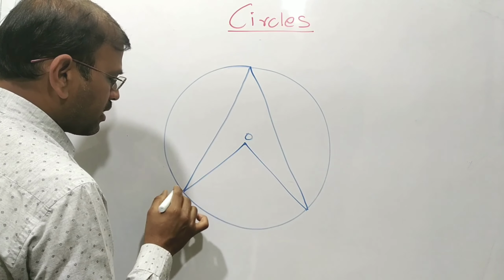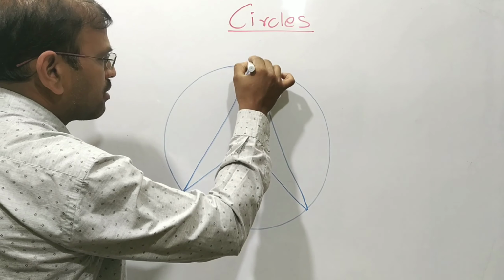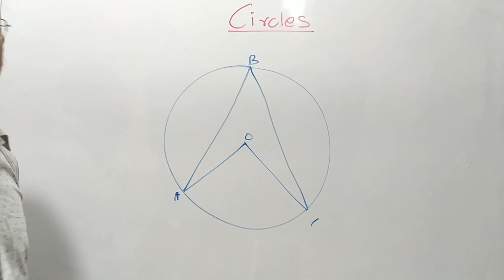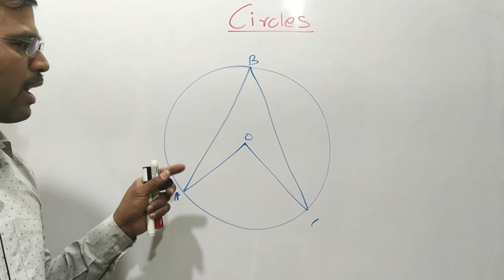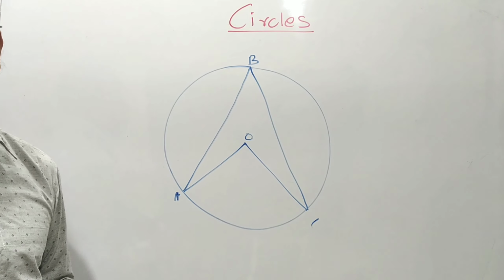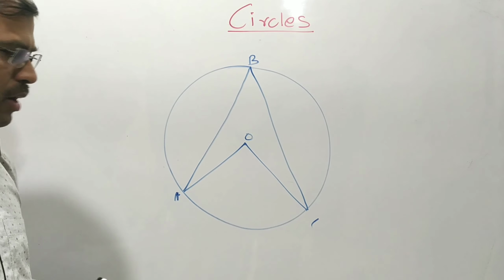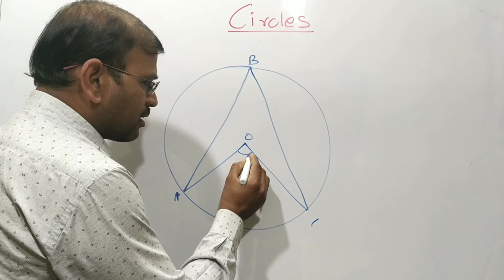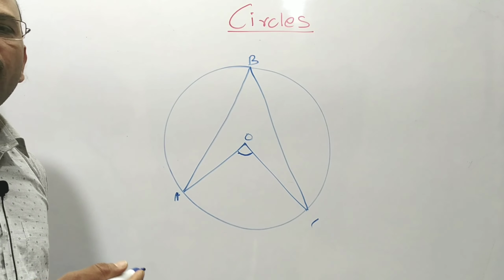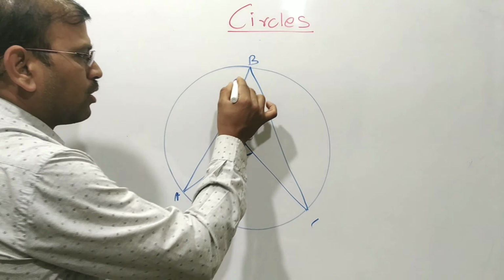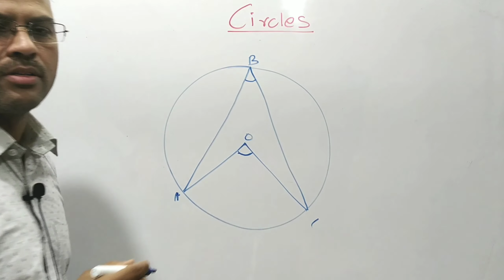We will consider this as O, A, B, C. I'll just give the names for this triangle. Now when you see this type of diagram, whatever the angle is at the center is twice the angle at the circumference.